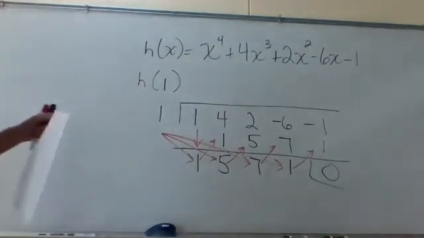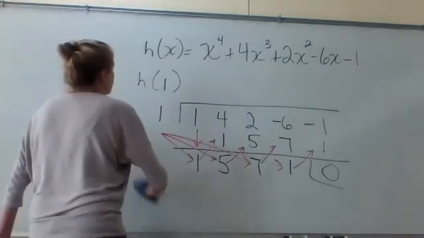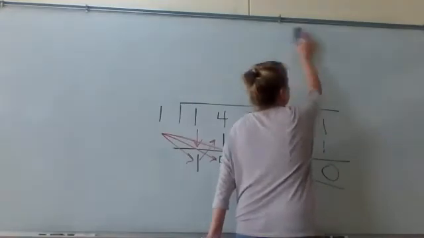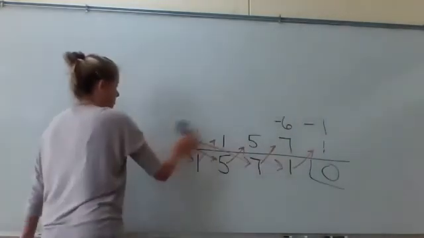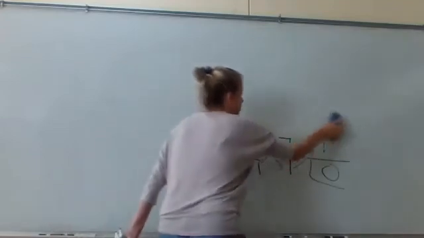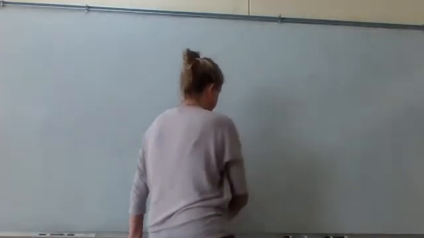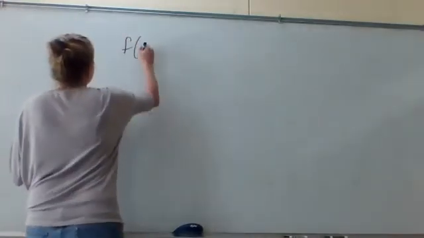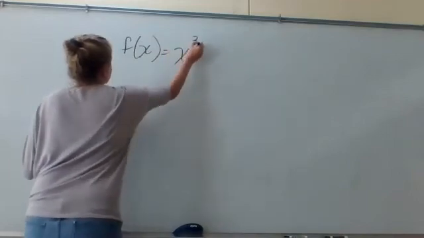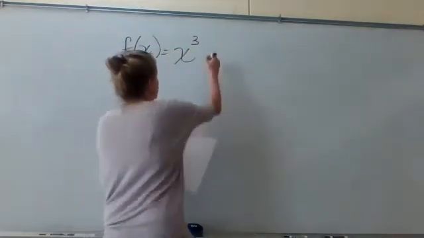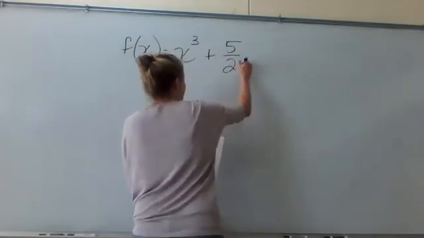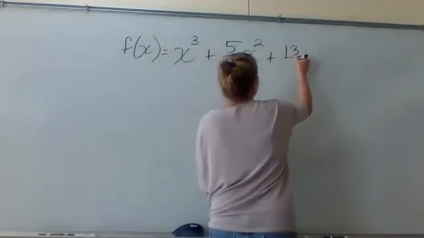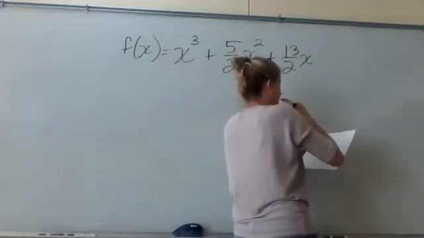Last problem. More synthetic division. This one has some fractions, but it actually ends up not being too bad the way these fractions work out for us. F of x equals x to the 3rd plus 5 halves x squared plus 13 halves x plus 15 halves.